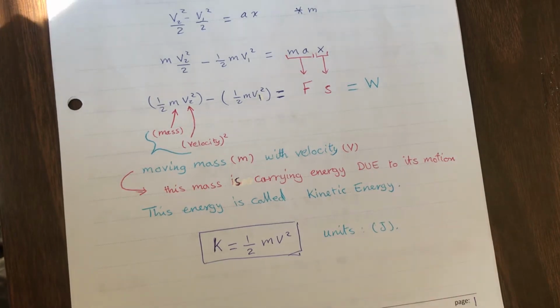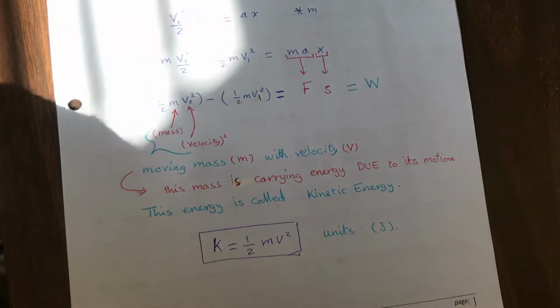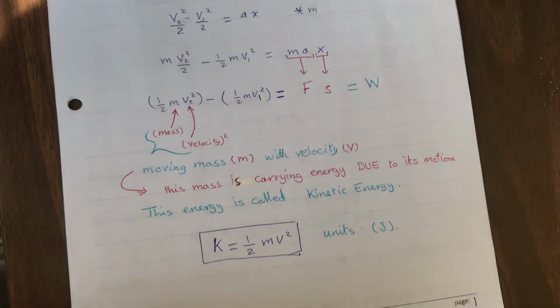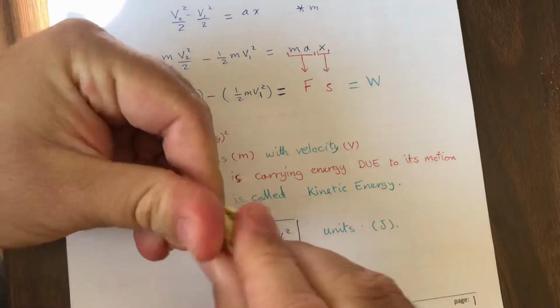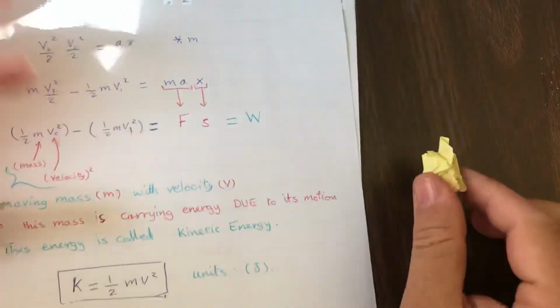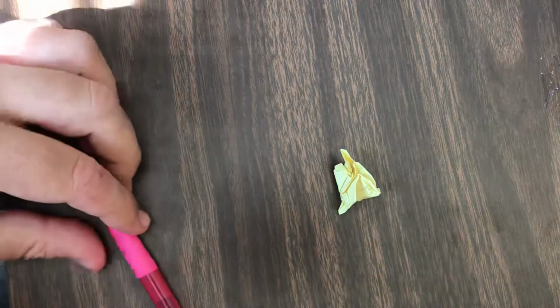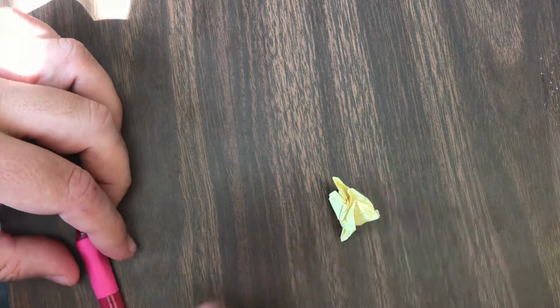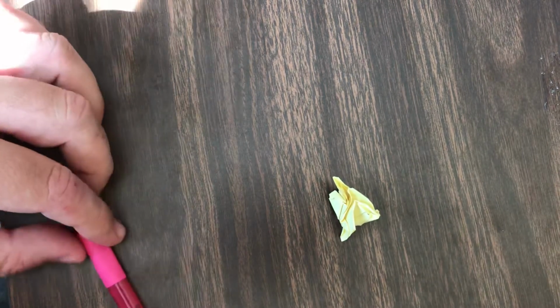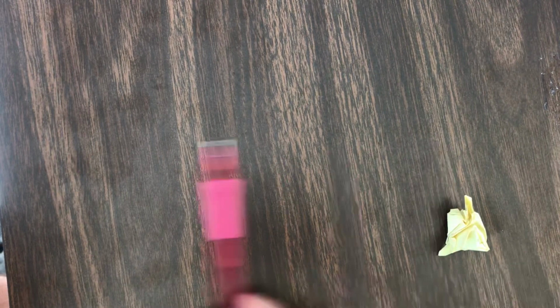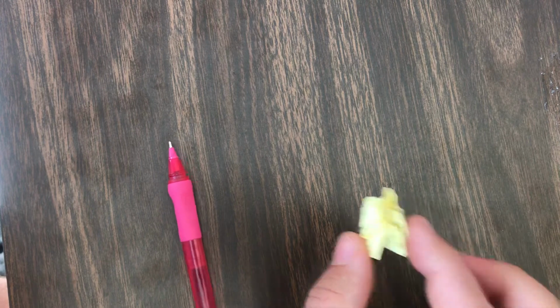If this is an object, and this is a moving mass, the pen is moving, it carries energy, and this energy appeared when this mass is allowed to move.